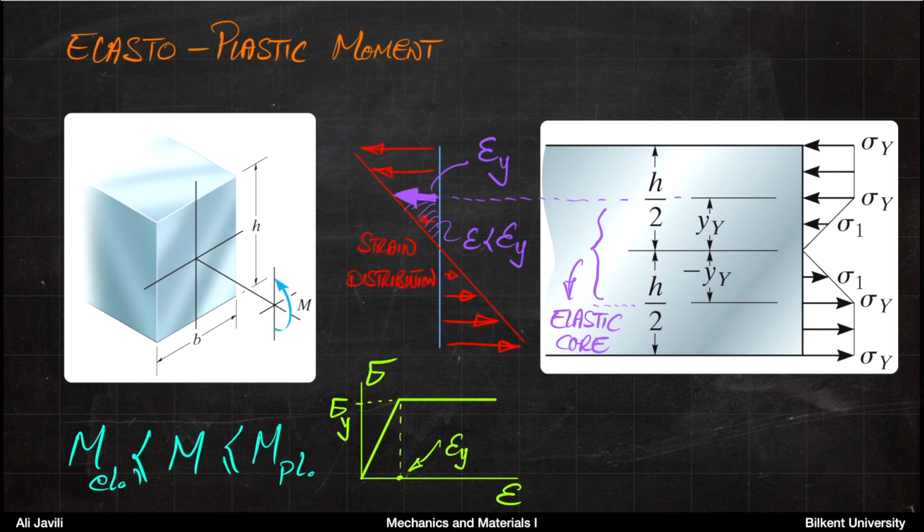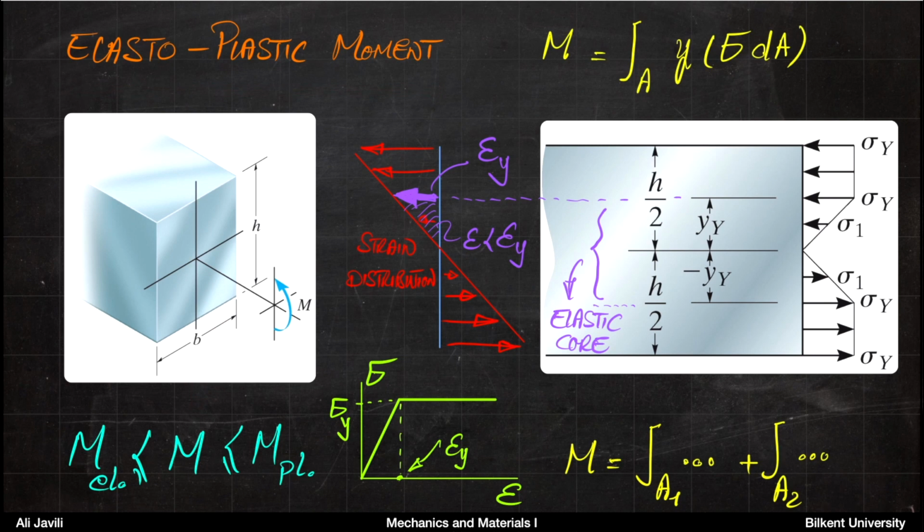So now if you want to calculate the elastoplastic moment, you can do it again using exactly the same formula that we had before, but now you need to split the area over two parts: the elastic core and the surrounding plastic regime, or plastic ring if you want.